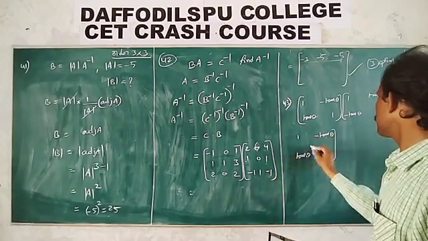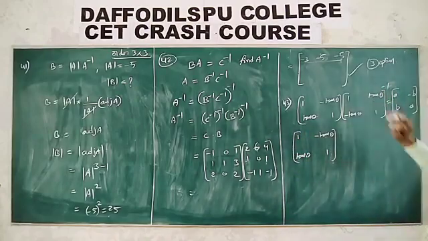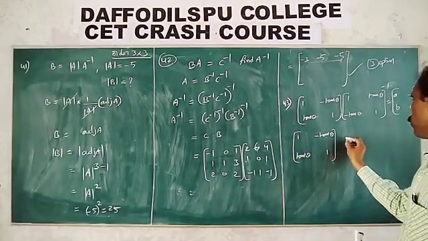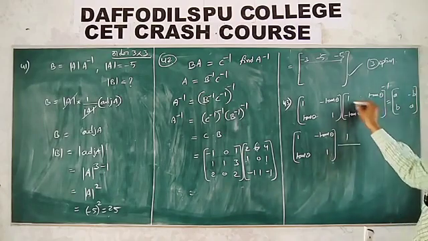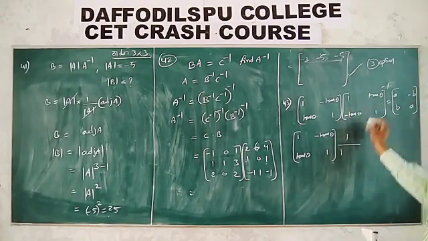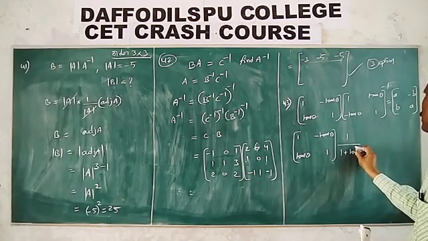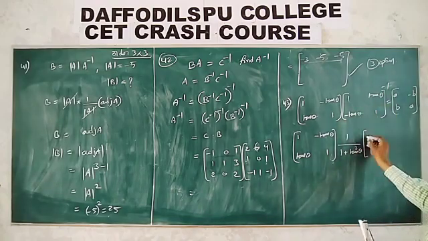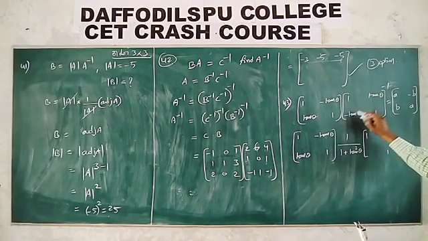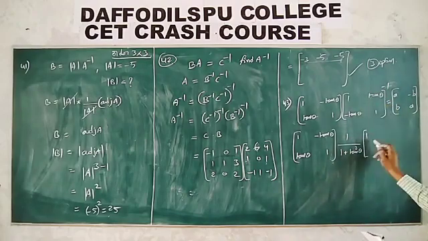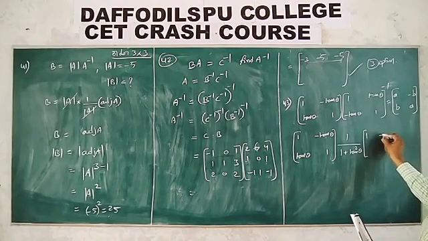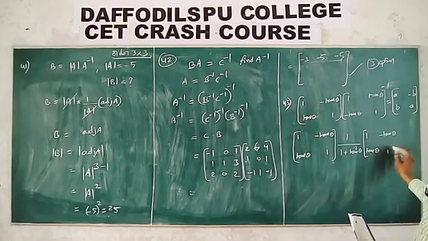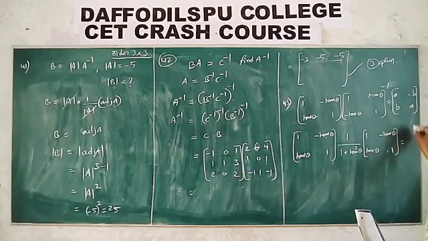Write the matrix as it is, with minus tan theta. For the inverse formula, A inverse is 1 by det A into adjoint A. The determinant is 1 plus tan square theta. Just interchange the diagonal elements, change the signs of the others.